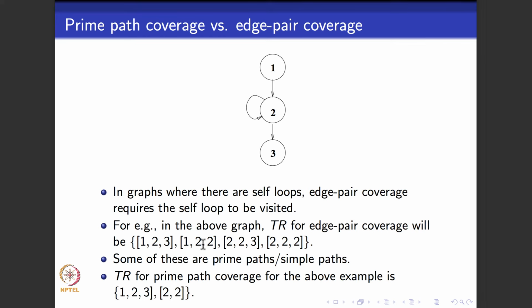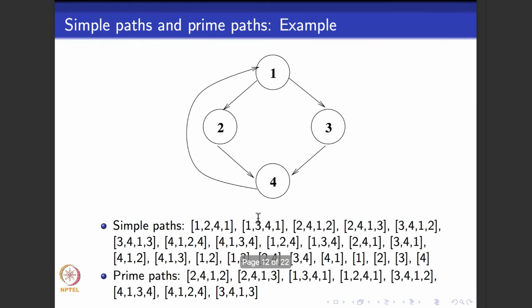But if you look at this path 1, 2, 2, the vertex 2 repeats here, right? And that violates the condition of it being a prime path. Remember, prime paths are simple paths. No intermediate vertices are supposed to repeat. They're not supposed to have loops. So except for this problem, prime path coverage does cover edge pair coverage, but not for graphs like this. If a graph looks like this, right, prime path coverage does cover edge pair coverage.